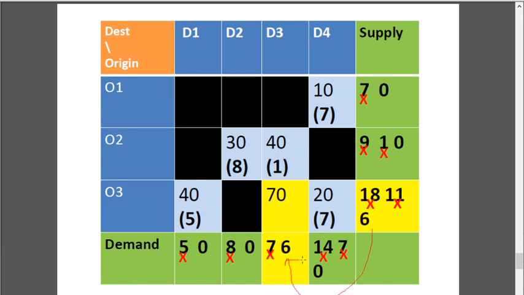So I can allocate 6 out of 6. Allocate it. So this completes the total allocation. Finally, all the allocation has been done and the demand at all the destinations has become 0. So this completes the allocation using the row minima method.